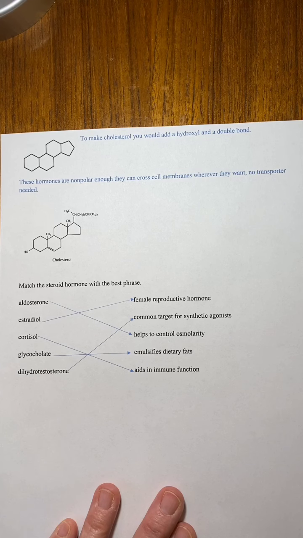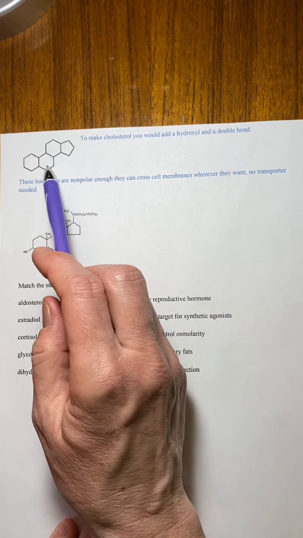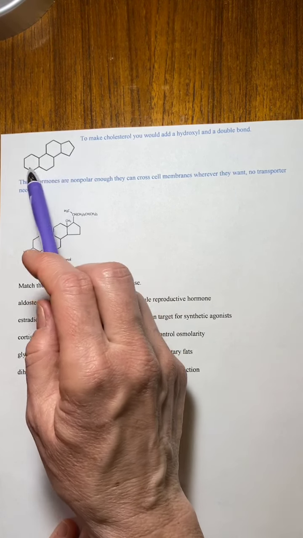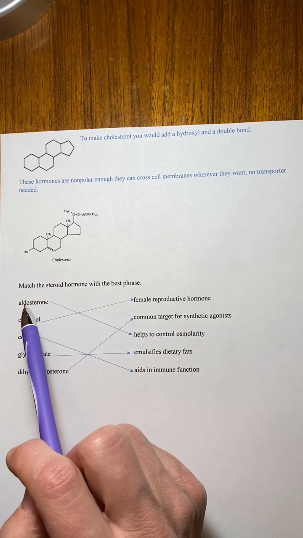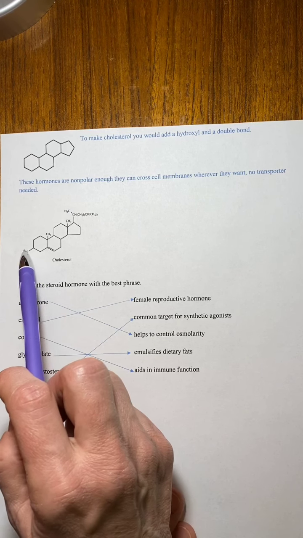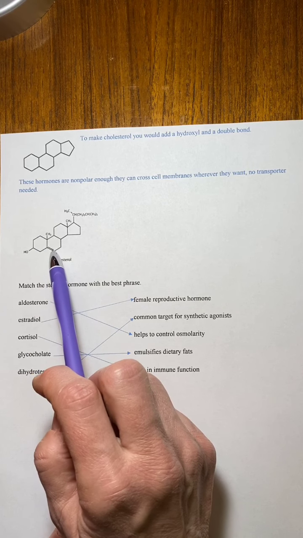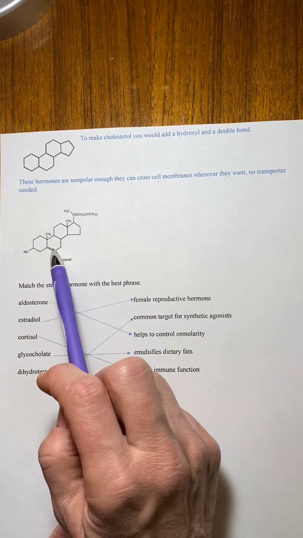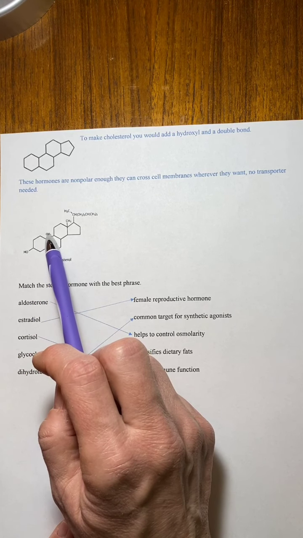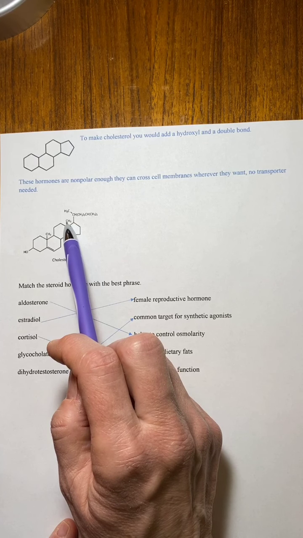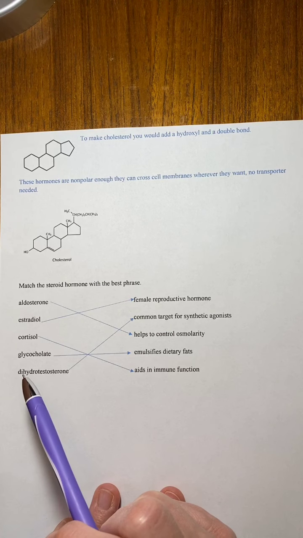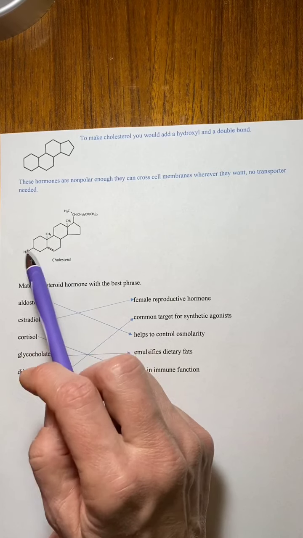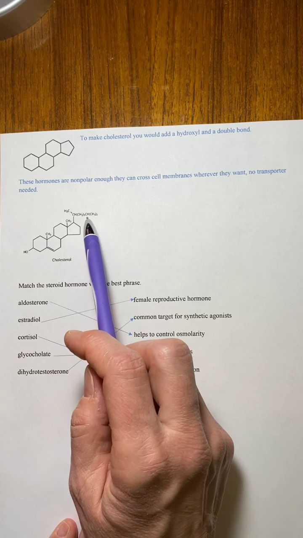The steroids differ based on the side chains and the functional groups on this fused ring system. So for example, cholesterol has a hydroxyl here, and it has a double bond here. That makes it cholesterol, in addition to some hydrocarbon groups attached.